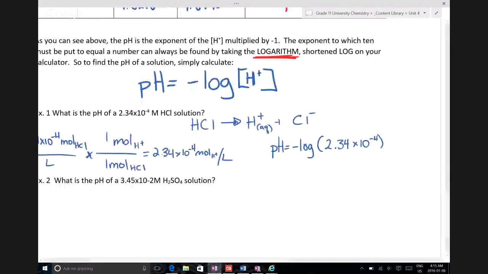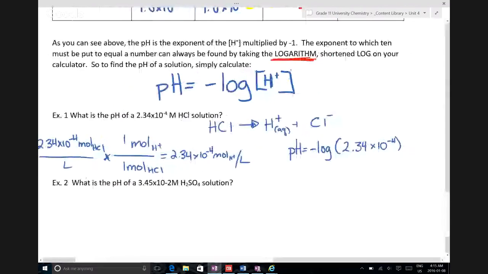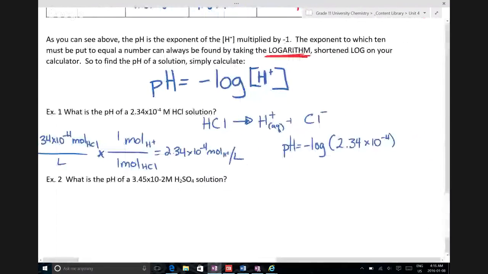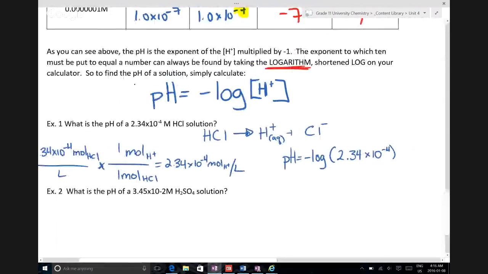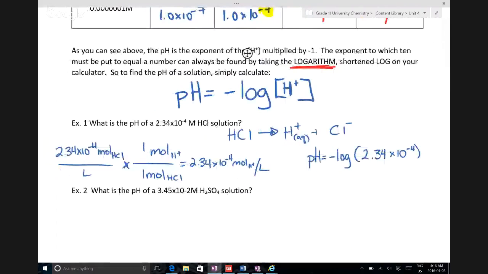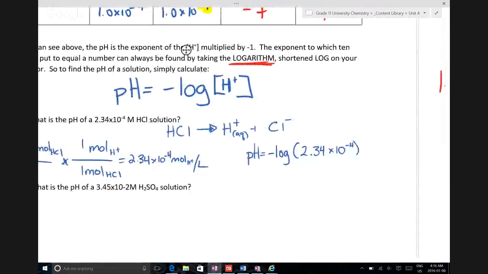So once we know that we're going to have just 1-to-1, you don't need to show this calculation every time. I'm showing it here just to prove a point. Because HCl is monoprotic, because HCl just gives us 1 H plus, whatever the concentration of the acid is, that's what the concentration of the H plus ions will be. And so now it's just a matter of doing this calculation in the calculator.